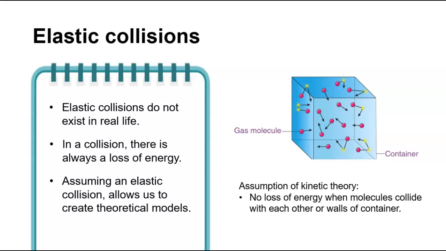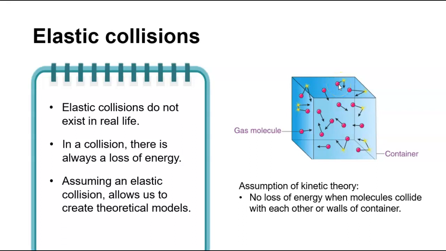But kinetic theory in chemistry assumes that these are elastic collisions, that there is no loss of energy, and now we have an ideal gas, one in which the molecules bounce off each other but there's no loss of energy. In fact, we use this assumption of an elastic collision for the ideal gas law. It is something that we do just to simplify and to make a theoretical model.